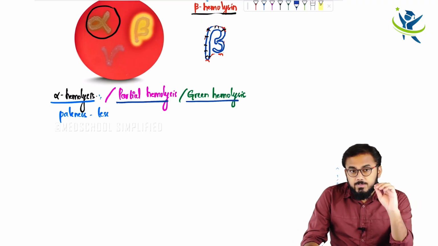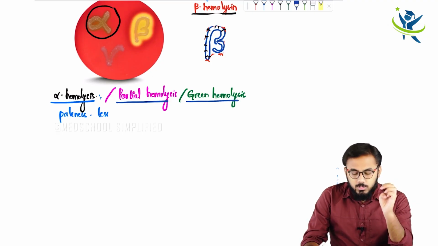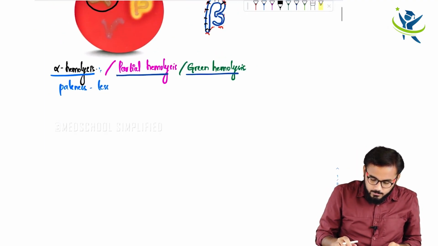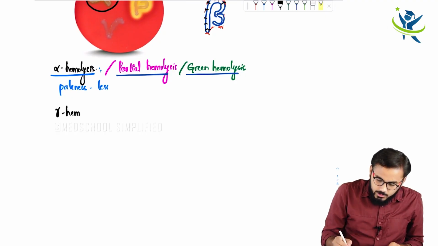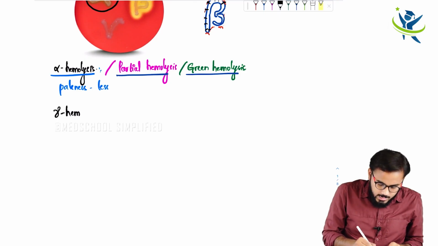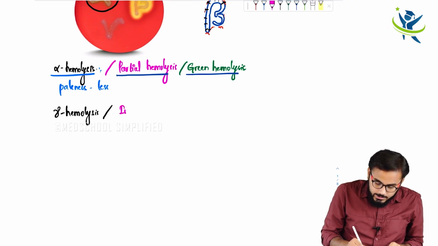It means surrounding gamma hemolytic bacteria, if you put 100 RBC, out of 100, not even a single RBC is hemolyzed, or not even a single RBC is broken down. So can I tell that gamma hemolysis is also called incomplete hemolysis?